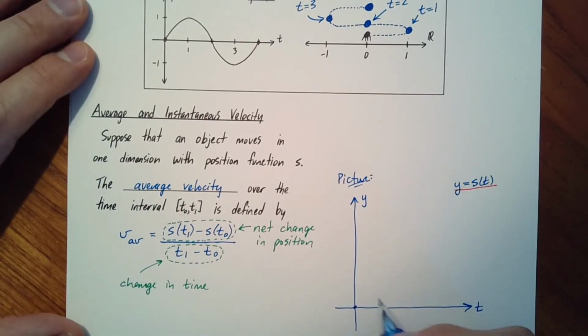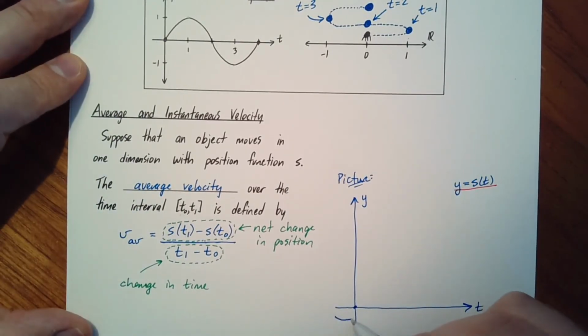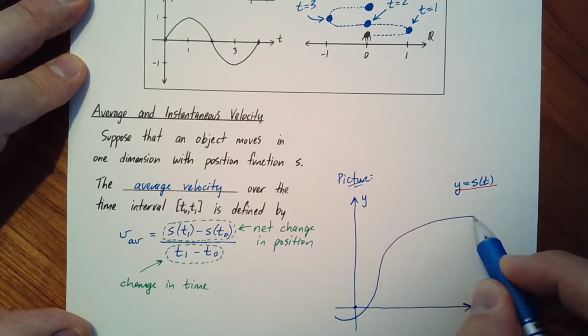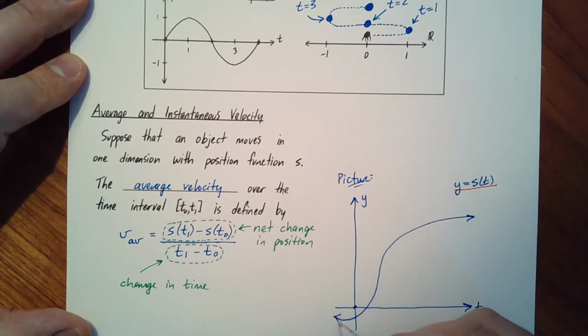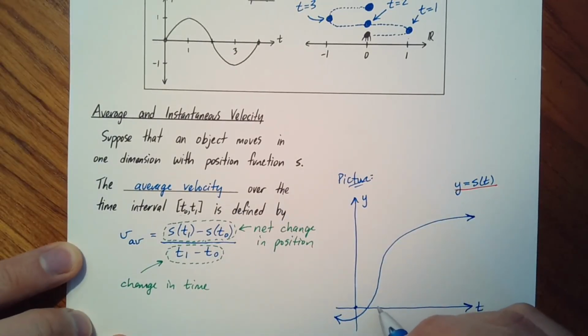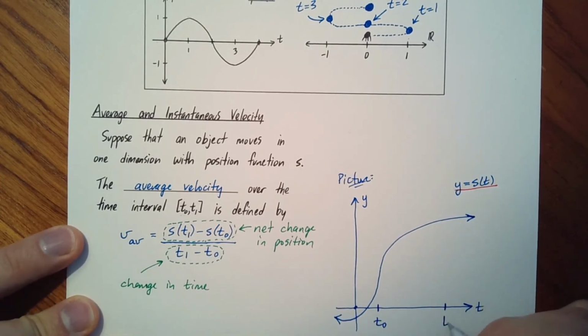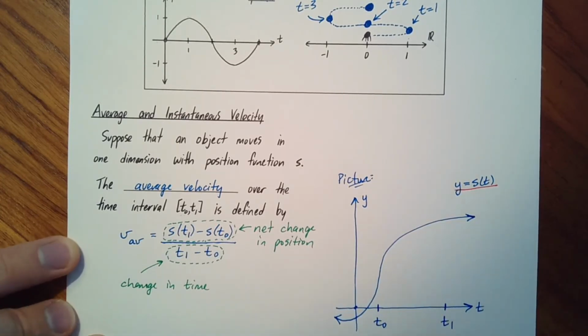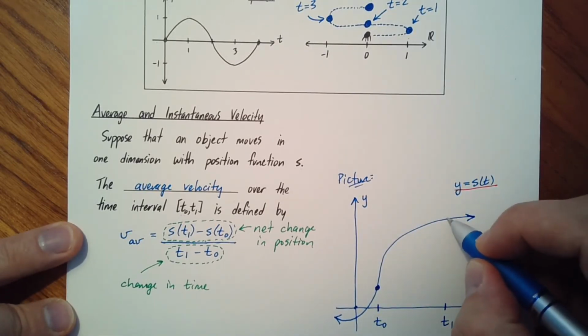Let's say it had something like this. I'm just drawing any old curve. It doesn't have to be like this, but it certainly could be. Let's say you had that graph, and maybe I'll draw a point t0 here, and then t1 here, something like that. Well, each of those time values corresponds to a point on the curve.